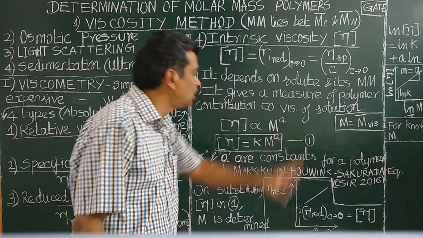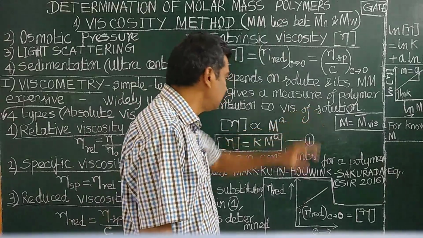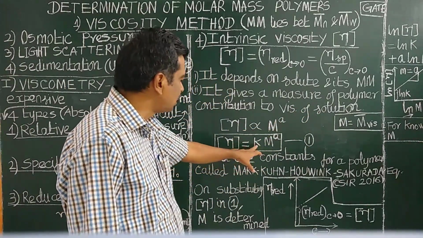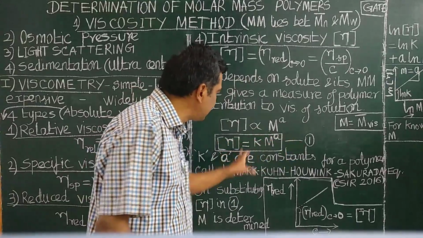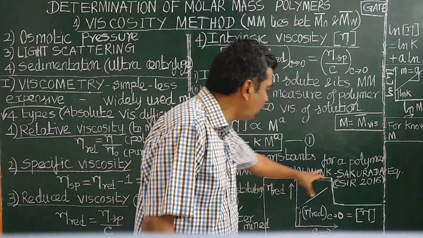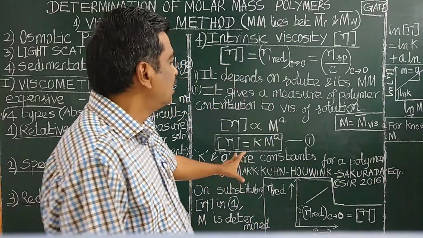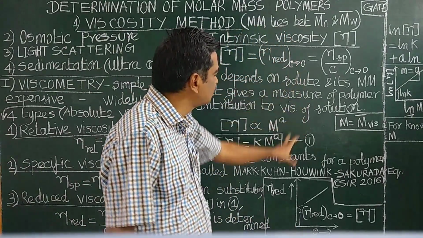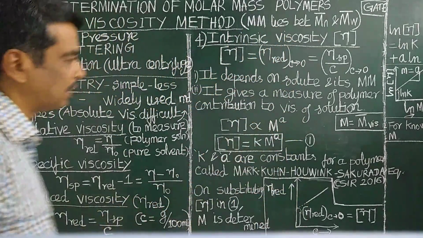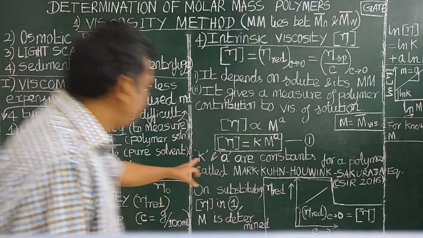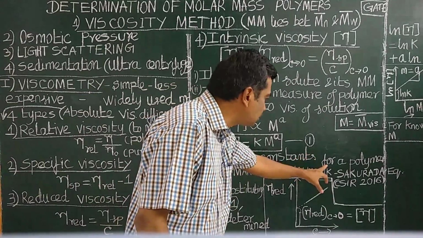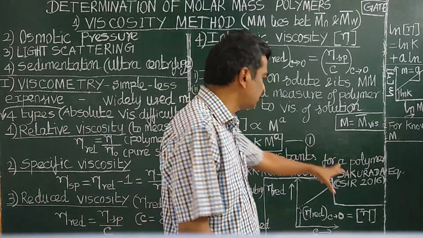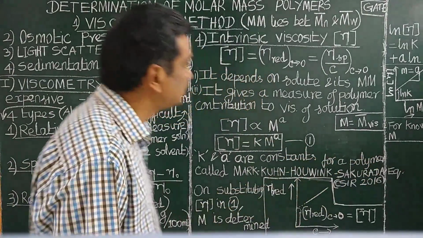It is directly proportional to molar mass to the power a, where K is the proportionality constant. This equation is called the Mark-Houwink equation, which gives a relationship between the intrinsic viscosity and the molar mass of the polymer. K and a are constants for a specific polymer. This was asked in CSIR 2016.